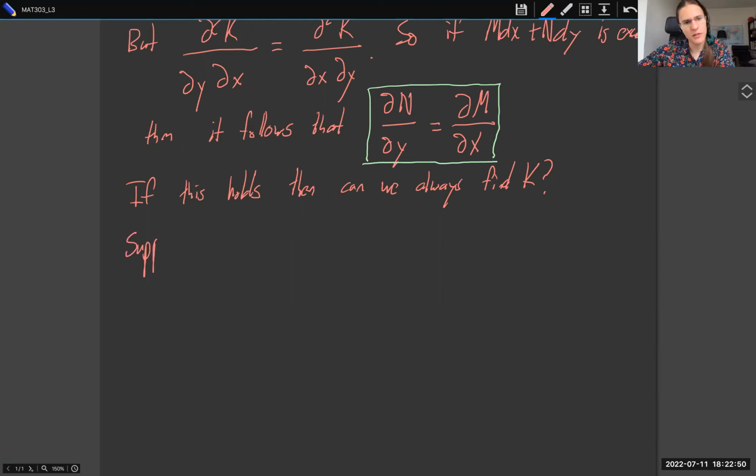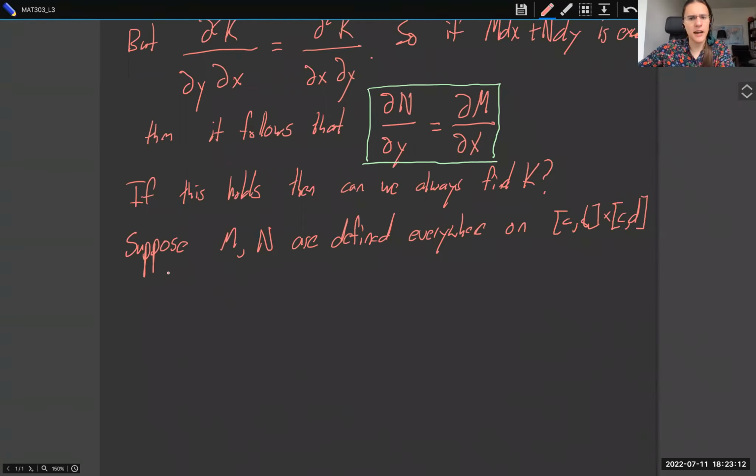Suppose that m and n are defined everywhere on some rectangle A, B, C, D. And we will take all points to live in this rectangle.